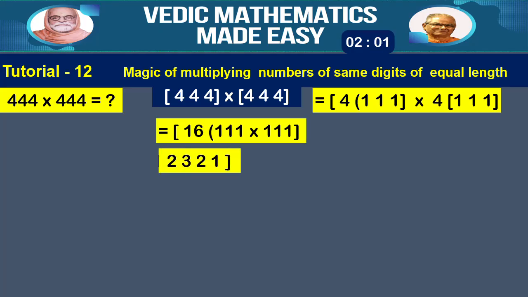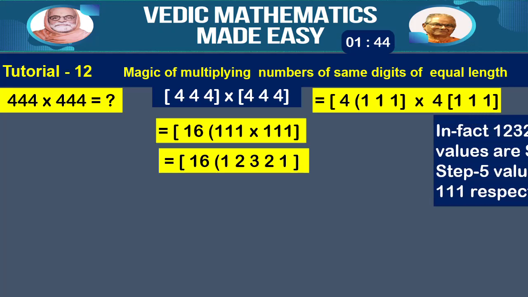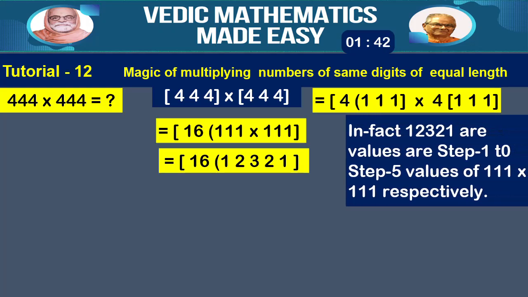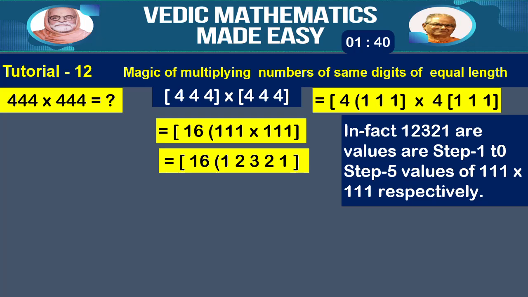We know 111 into 111 is equal to 1, 2, 3, 2, 1. Therefore, we get 16 into bracket 1, 2, 3, 2, 1. In fact, the digits 1, 2, 3, 2, 1 are step 1 to step 5 values respectively.